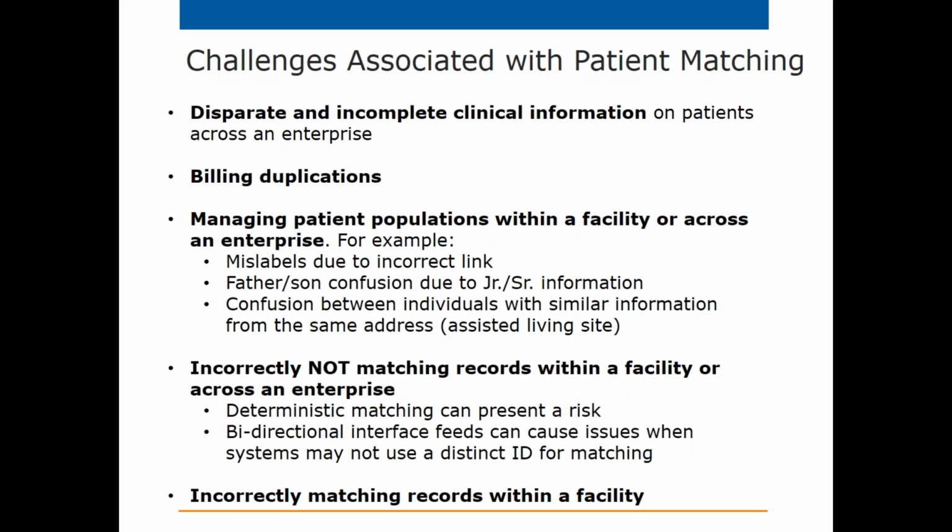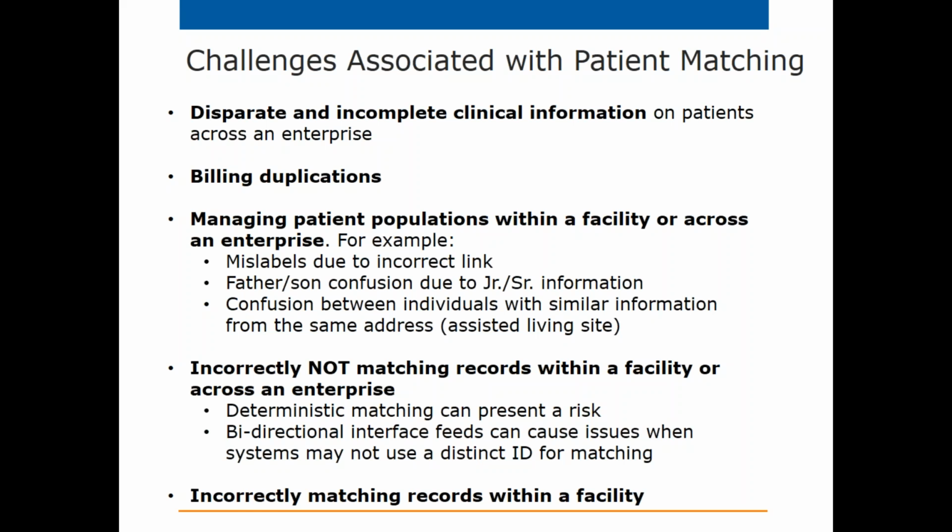Confusion between individuals with similar information from the same address. We've seen a lot of folks from assisted living that may get linked up, especially if their names are very similar. Obviously, there could be multiple John Smiths at the same address, so it may link those up together.